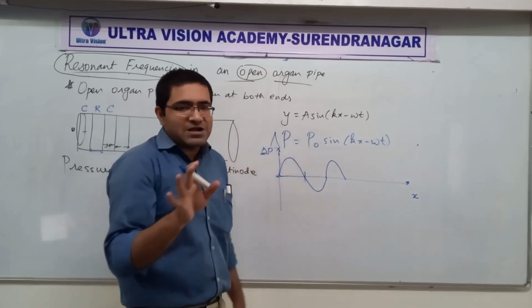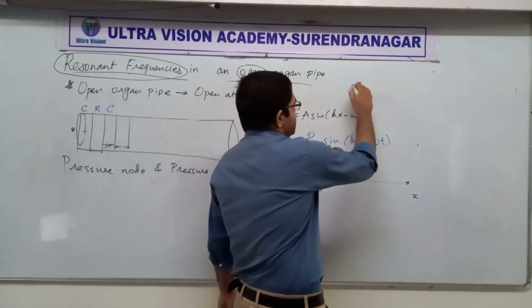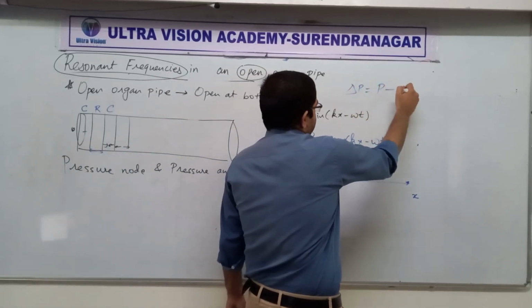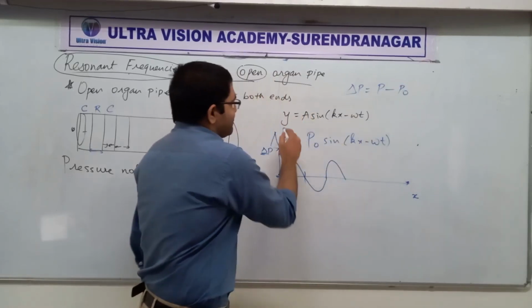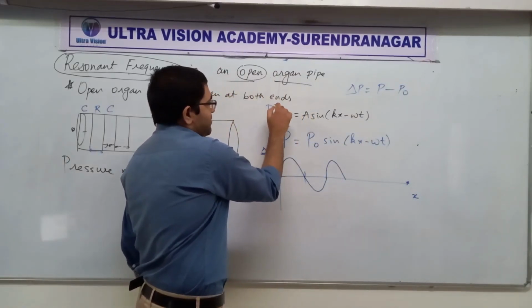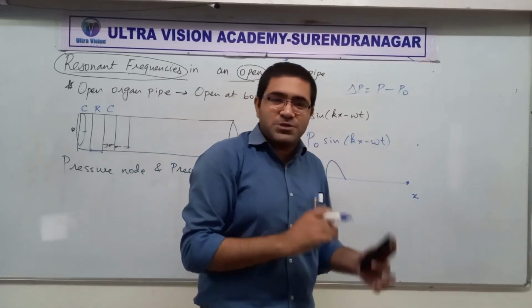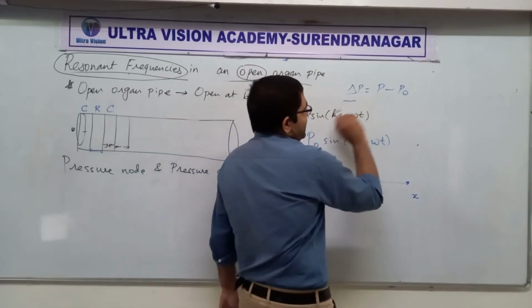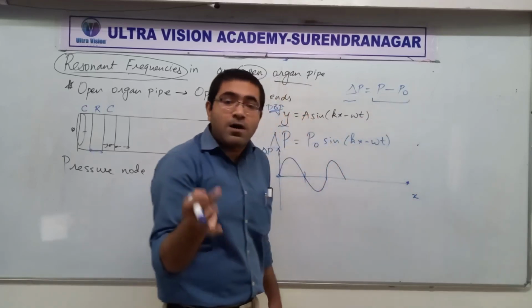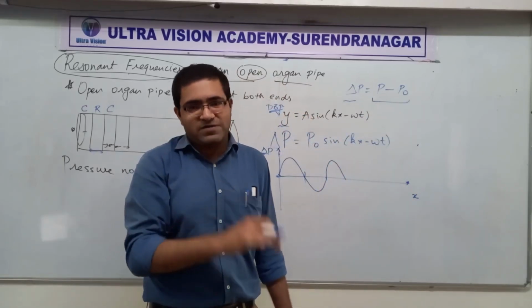What is the meaning of delta P? Delta P simply means P minus P0. Just like Y stands for displacement from the mean position, delta P stands for change in pressure from the mean or average pressure.